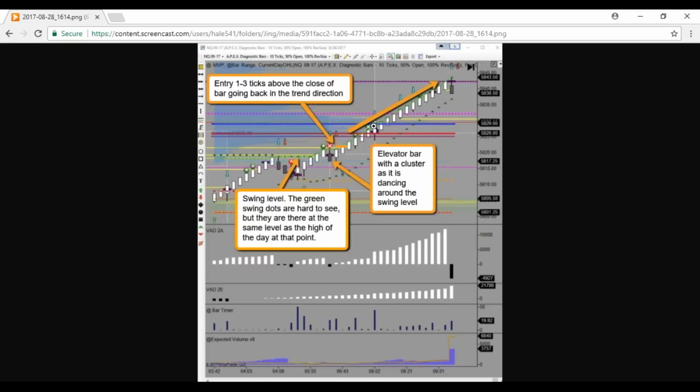Because remember, a sling is just a bar that has a long wick, and then it closes back up in the same direction. An elevator is that it pulls back enough to make an opposite closing reversal bar, then the next bar goes back up. And then when that bar closes up, it's 1 to 3 ticks above that where we enter. Okay, does that make sense, Denise? Did that answer your question?